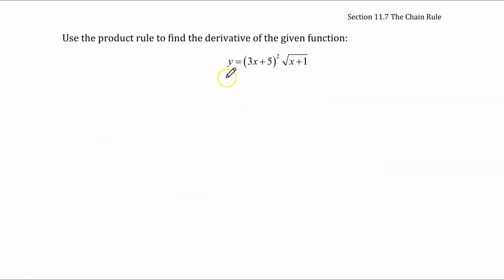Now, next example. Let's use product rule to find the derivative of the given function.